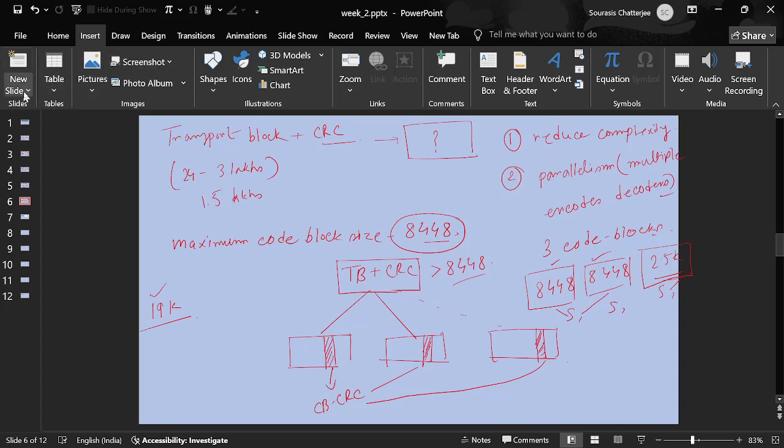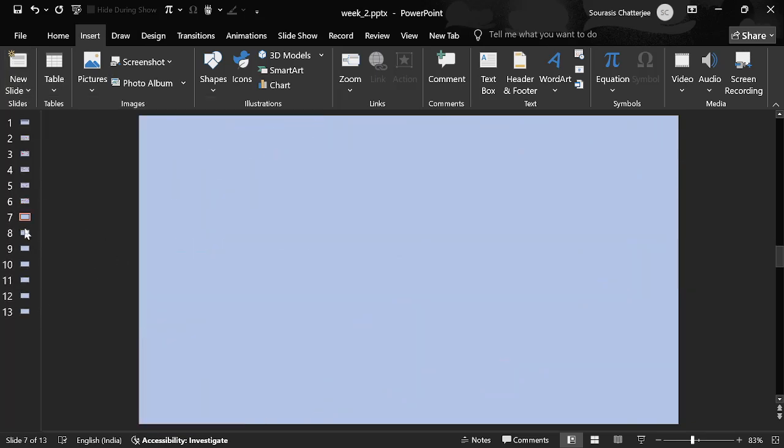So let us introduce another slide here. I would now like to briefly talk about LDPC encoding. How does the encoding happen in terms of math? I am sure you must have seen it. What are the ingredients, basically what do we need?